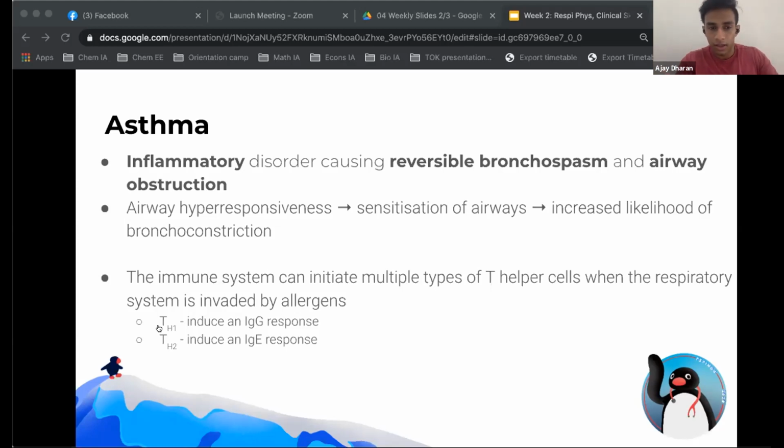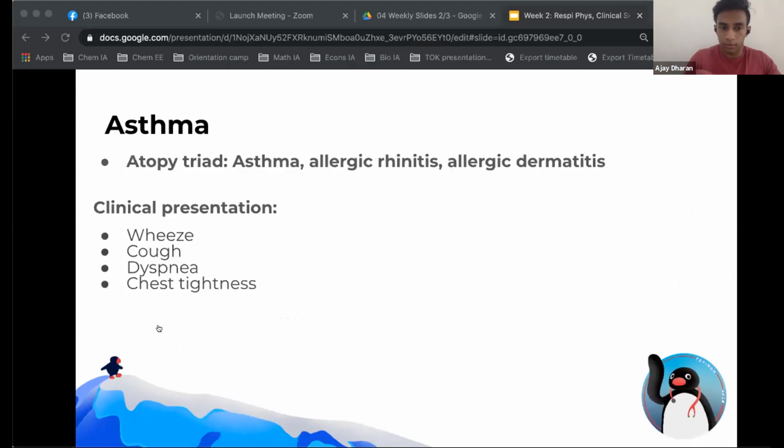One key thing about asthma, if you move on to the next slide, is that patients usually present with not just asthma, but this thing called the atopic triad. So usually people come in with asthma, allergic rhinitis, and allergic dermatitis. Once you notice that a person has allergic rhinitis, they have a higher risk of actually having asthma, because again, it's just this allergic response where mast cells are degranulated due to IgE being produced. That's how asthma is usually presented.